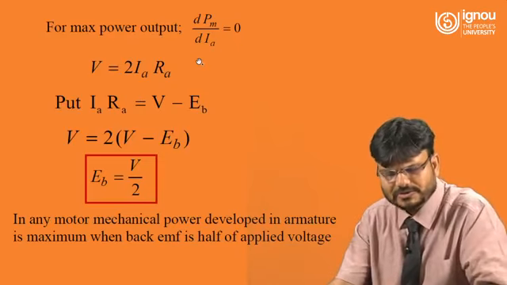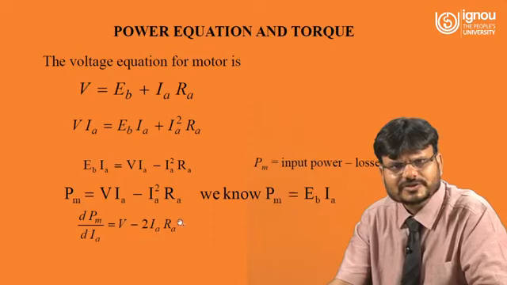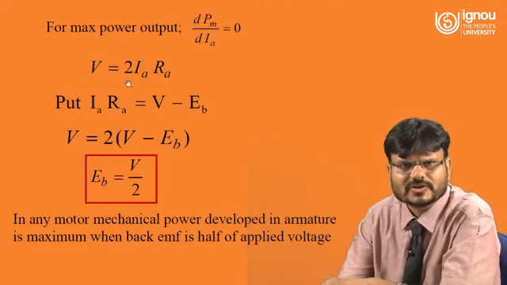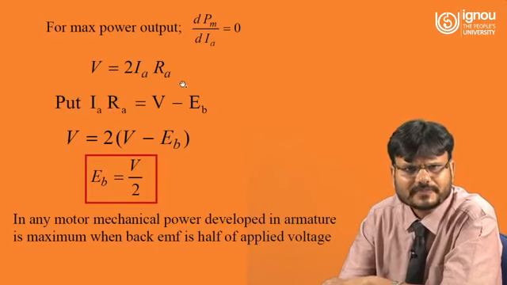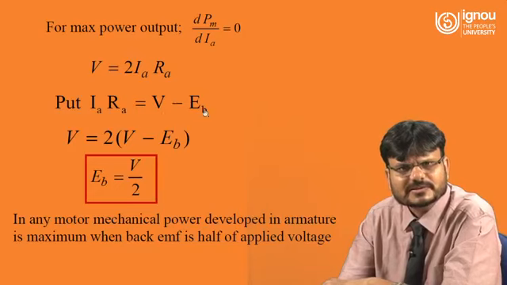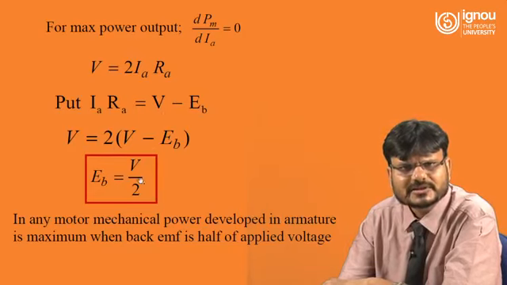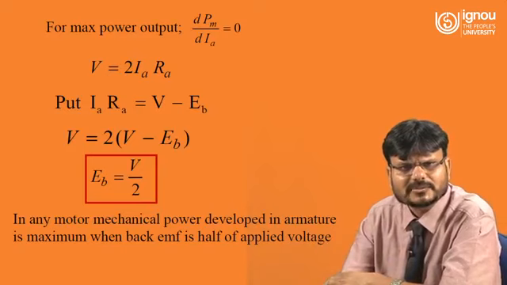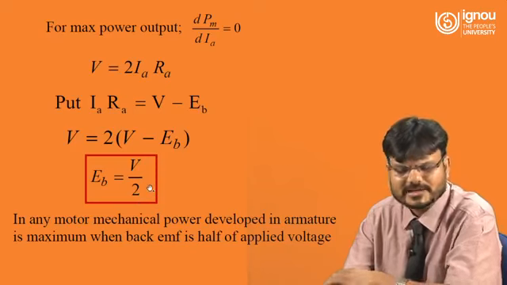So V minus 2 I_a R_a is equal to 0, that means V is equal to 2 into I_a into R_a. Put I_a R_a equal to V minus E_b. So V is equal to 2 into (V minus E_b), so E_b is equal to V by 2. So in any motor, mechanical power developed in the armature will be maximum when the back EMF is equal to half of the applied voltage.